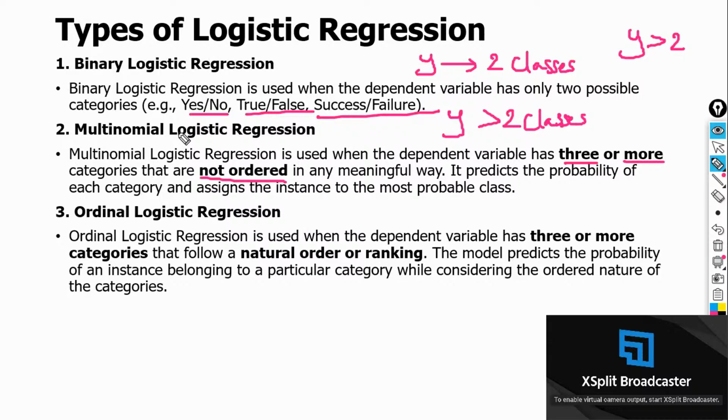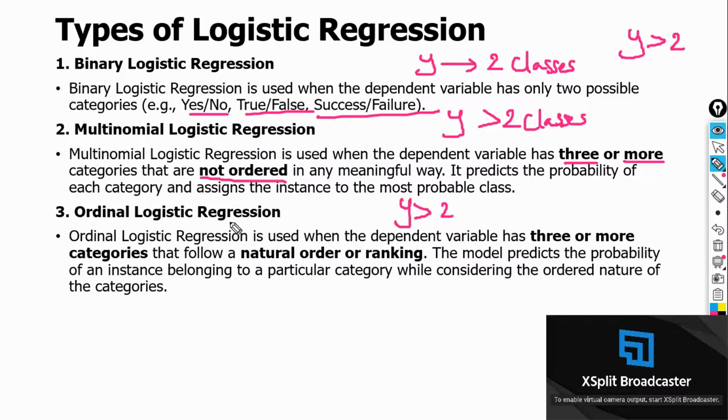Why should we use multinomial logistic regression only if the categories are not ordered? Because if they can be ordered in a natural way, if they can be ranked, and your y column has three or more categories, then you can use ordinal logistic regression.